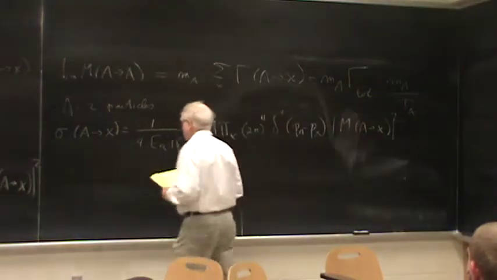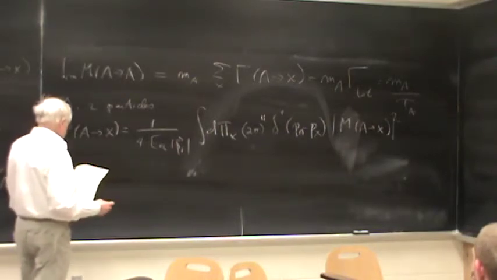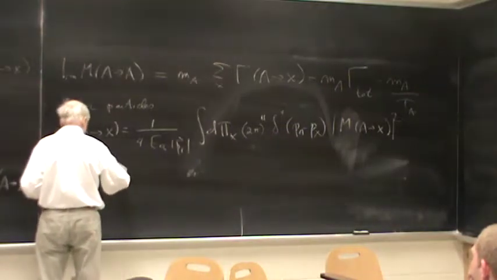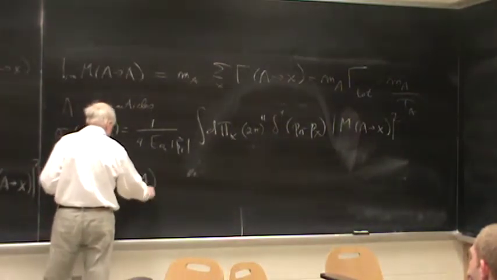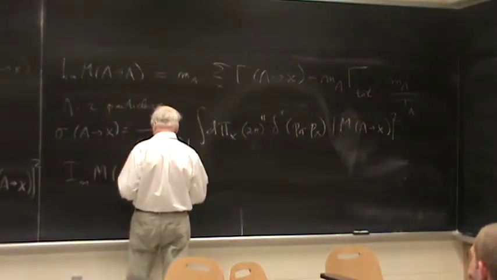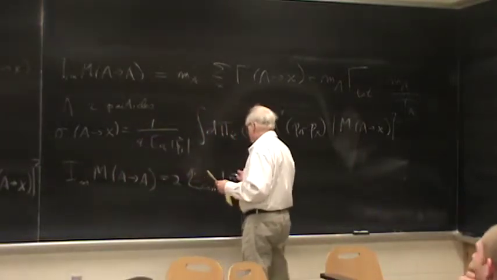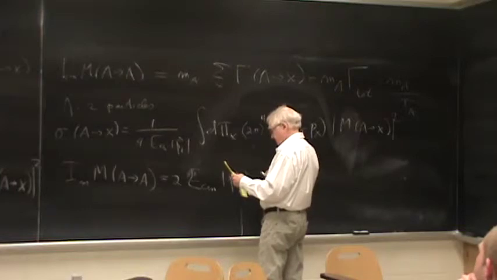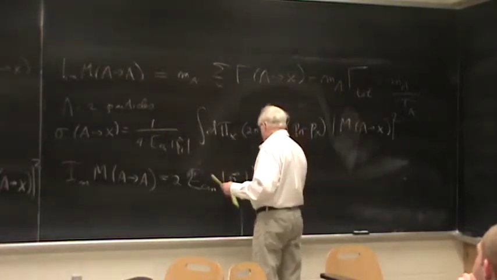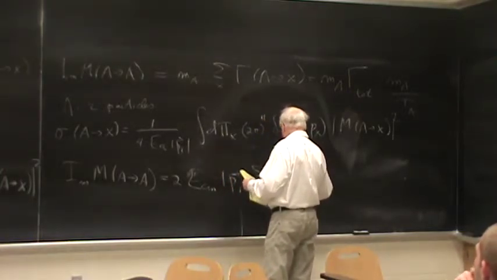All right. So that's that. What does the optical theorem say? The optical theorem says that the imaginary part of M of A goes to A, which is to say the forward scattering amplitude, is equal to 2 E center of mass times p_i, the magnitude of the 3-momentum in the center of mass frame, and now sum over all final states, the cross-section A goes to anything.